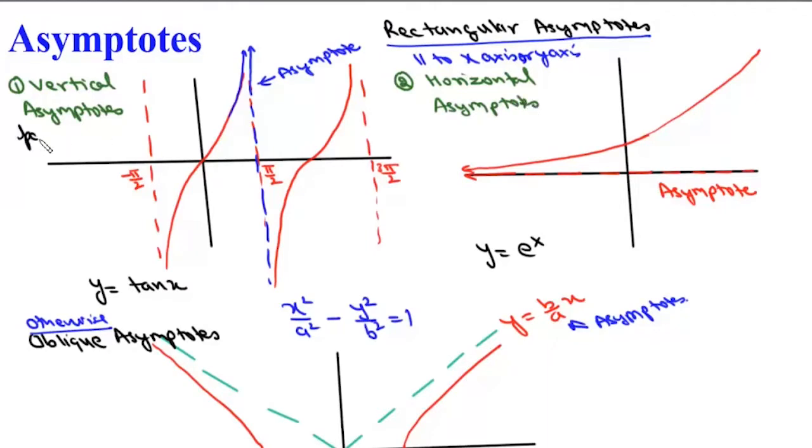So if it is parallel to the y-axis, we'll say it is a vertical asymptote, and if it is parallel to the x-axis, then we say it is a horizontal asymptote. And if it is neither parallel to the x-axis nor parallel to the y-axis, we'll simply say it is an oblique asymptote. Now we look at how we find these asymptotes.